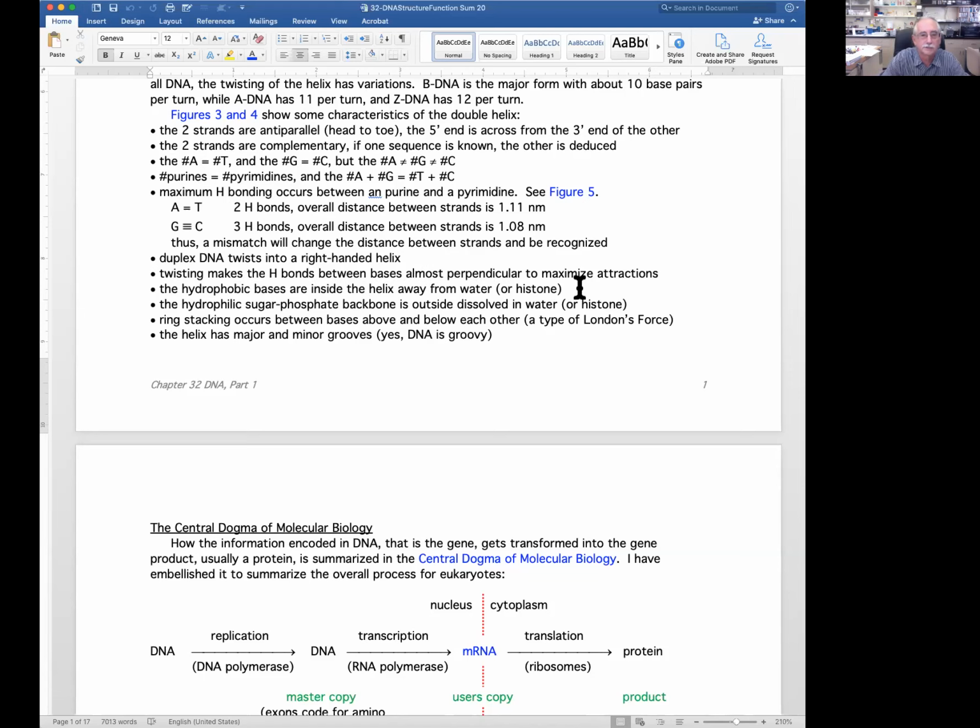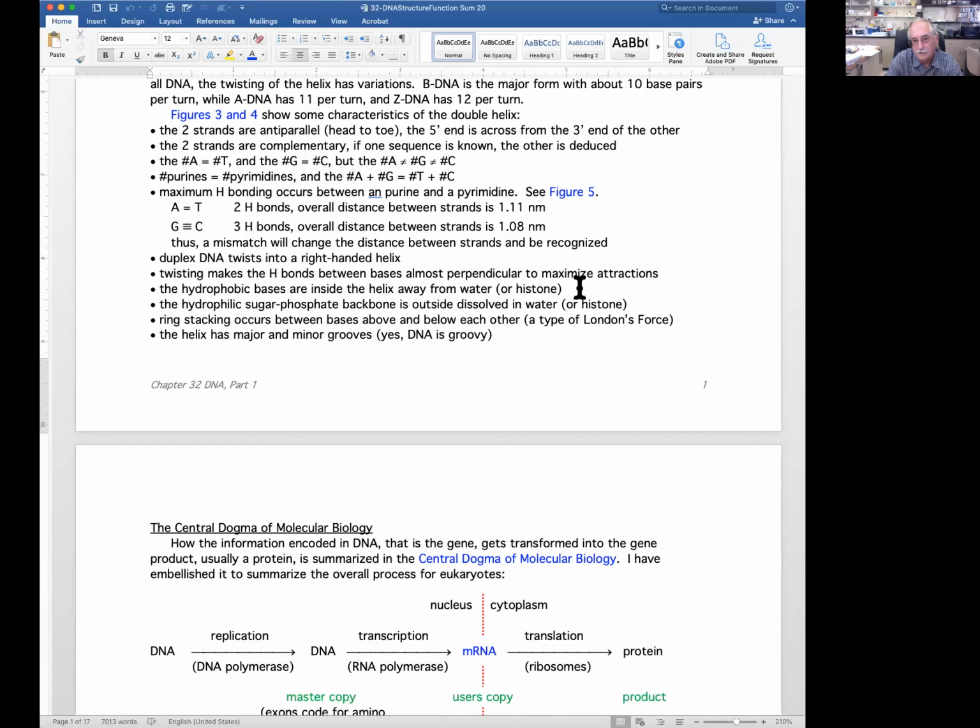And I guess I could say something about some of the terminologies that we use. When we say naked DNA, that's when the histone protein has been removed. Okay? So if you take naked DNA and put it in water, it dissolves in water.